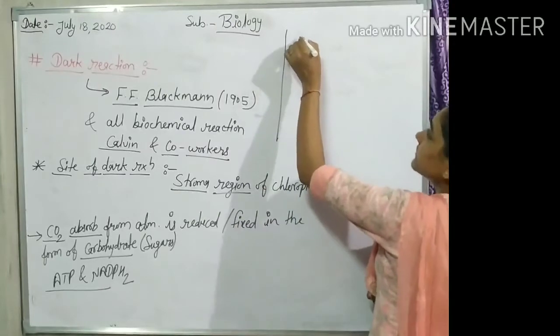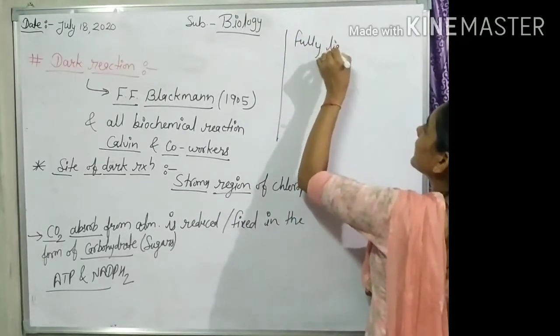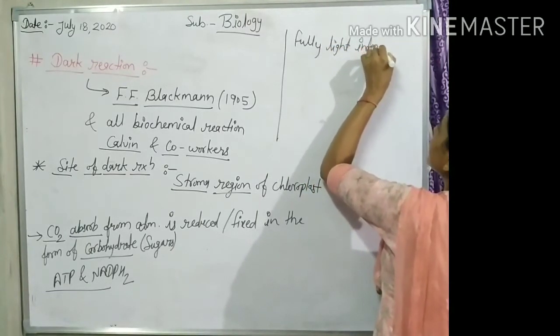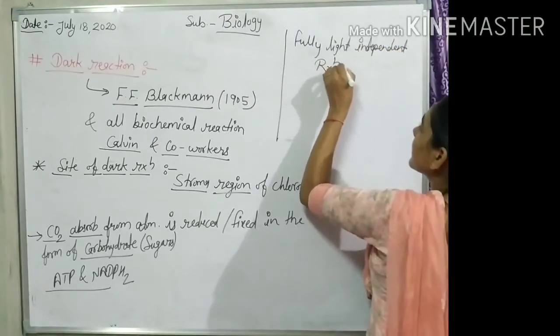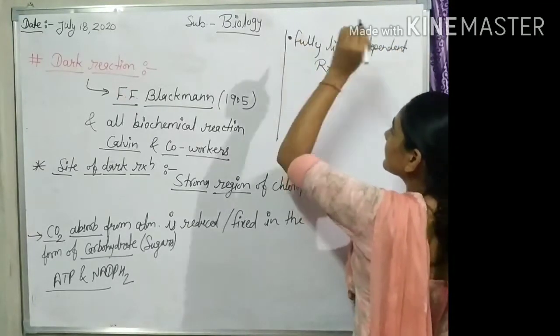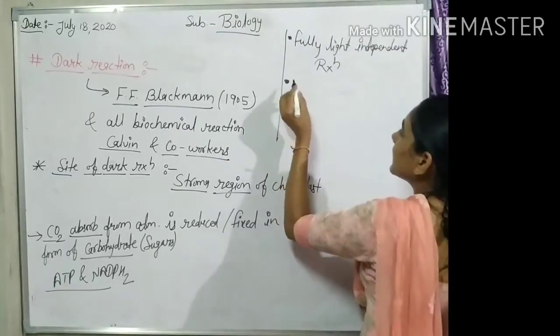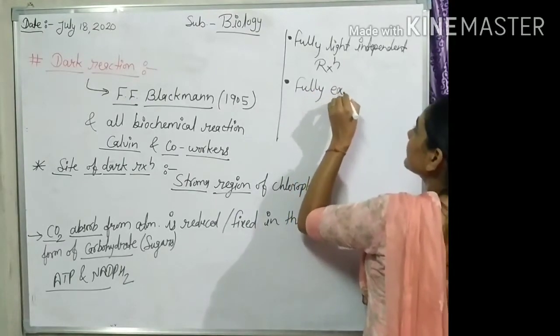dark reaction is a fully light independent reaction. Second feature, it is a fully enzymatic reaction.